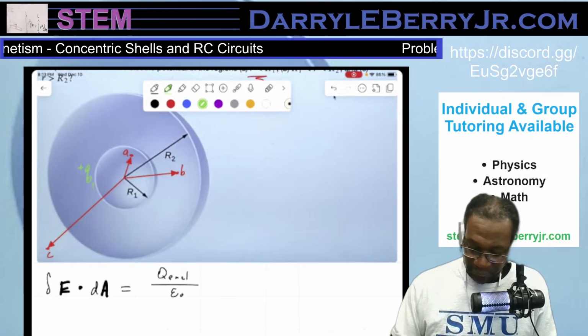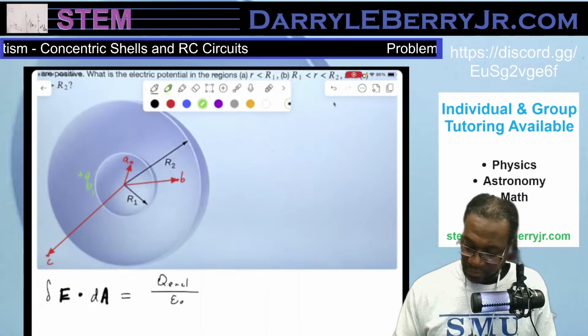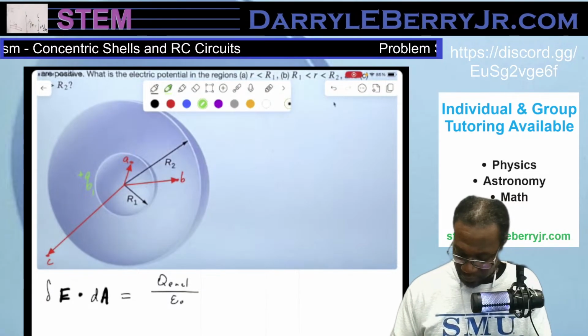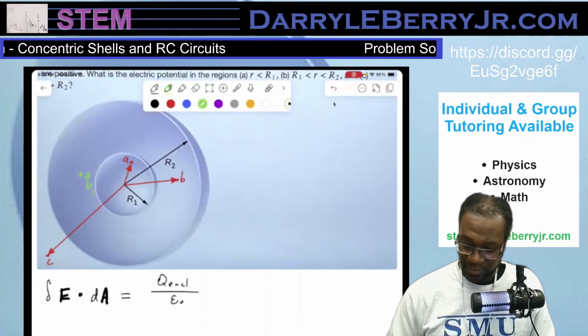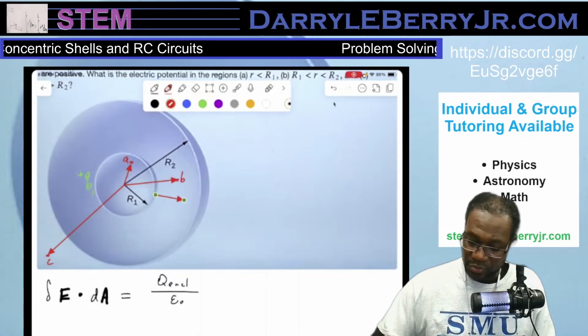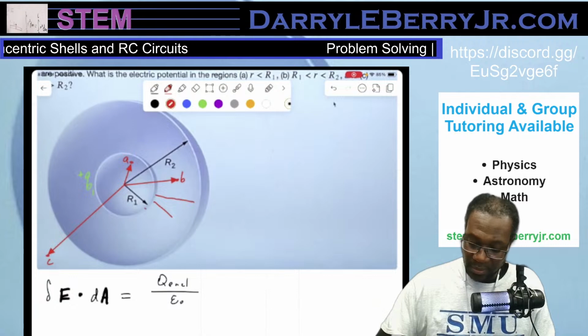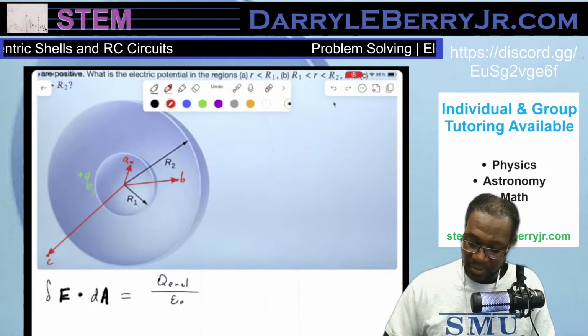So if we look at this integral on the left, we have the electric field and the area. And the way this works is the electric field that's emanating from this positive shell will be going like this. It should be at a right angle from the surface.